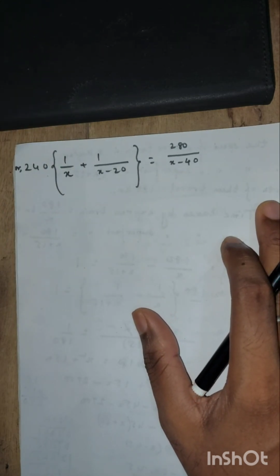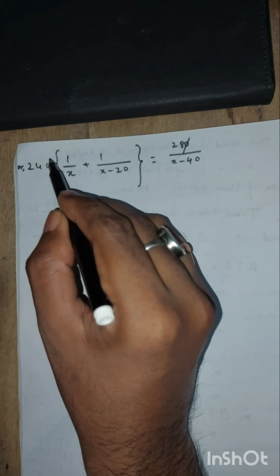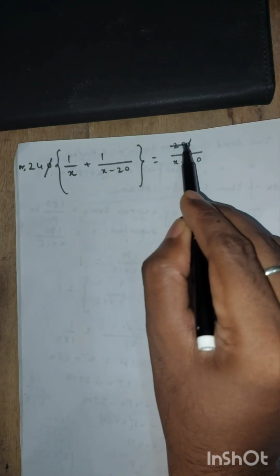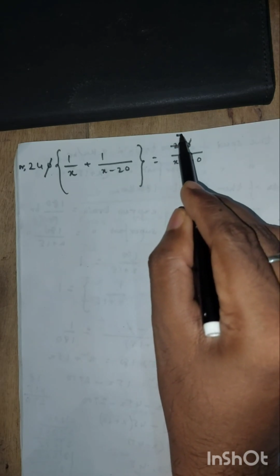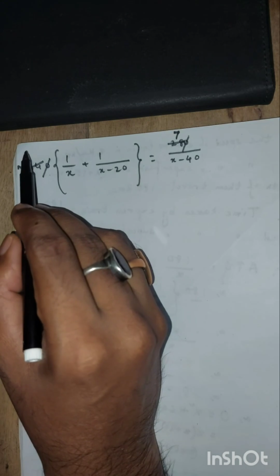Now we can cancel 0 from both of these sides. Now we can cancel 28 by 4, so it is 7. So we can cancel 24 by 4, so it is 6.